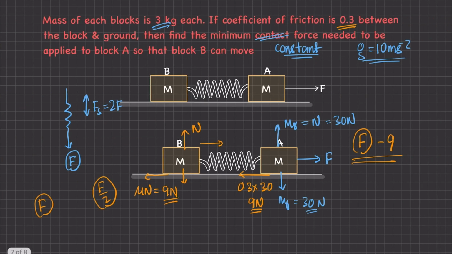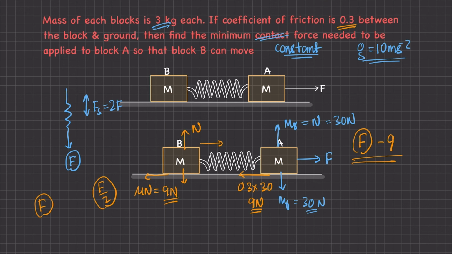So if we move to the problem, here the spring force needed is 9 Newton. So the external force which will try to extend the spring, the minimum value of that can be half of 9 Newton, right?